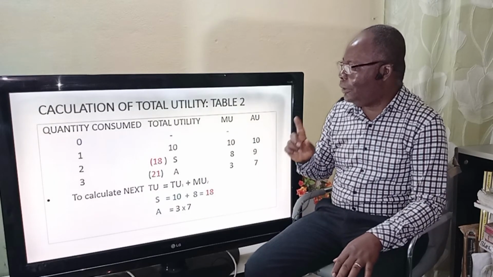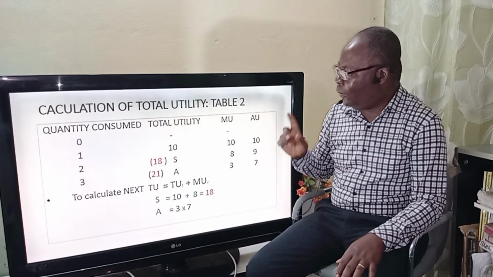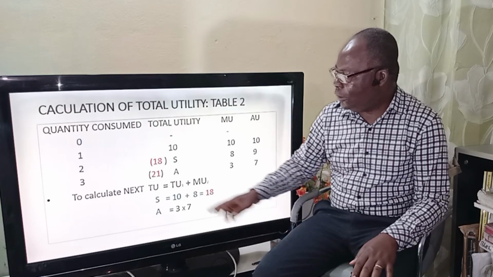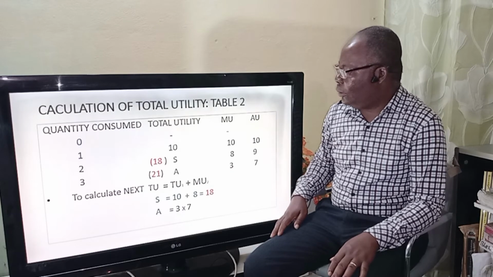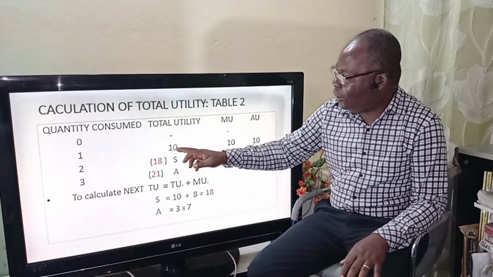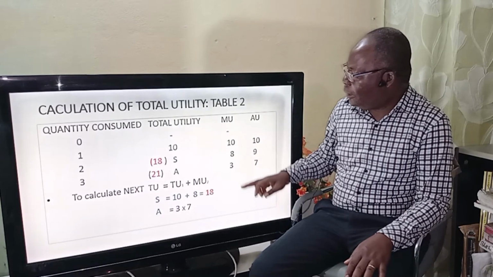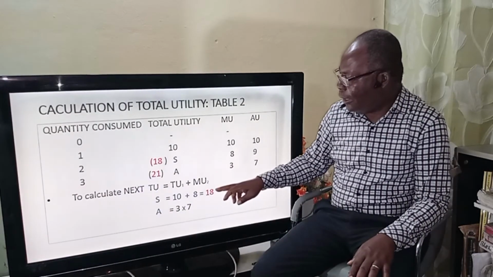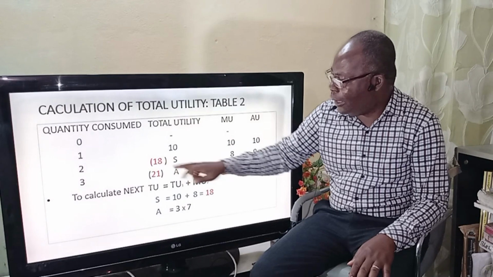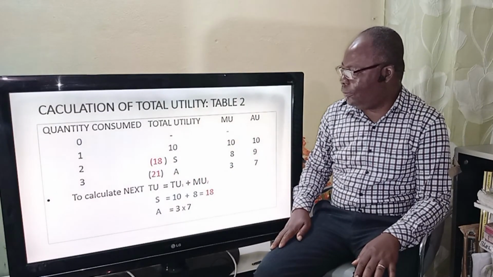Now, for you to calculate the next total utility for S, it means total utility 1 plus marginal utility 2. And that is going to give you 18. So 18 is the total utility.